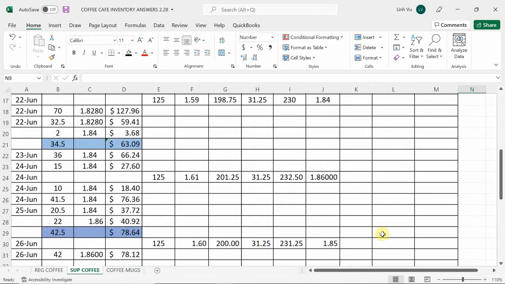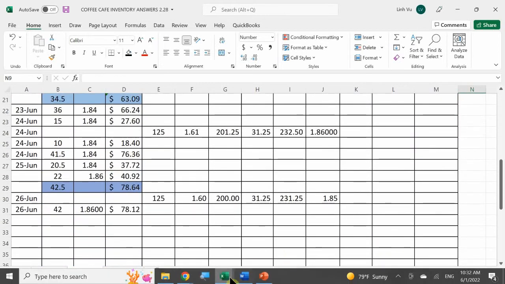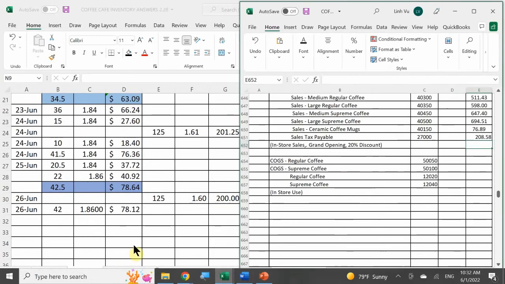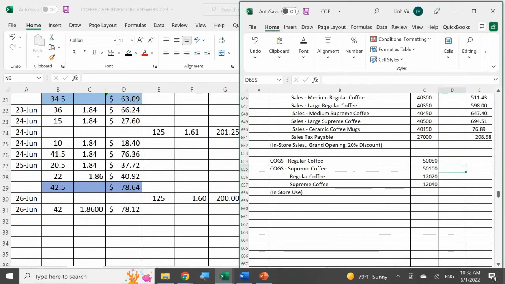So in this case, that's my ending balance. I have $78.12 that I used for my Supreme coffee.